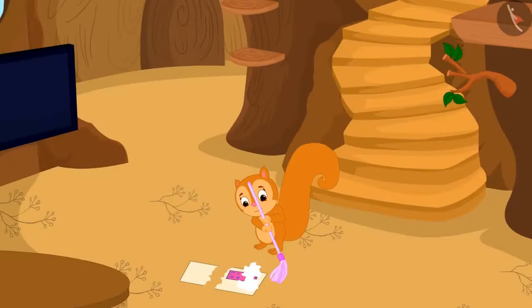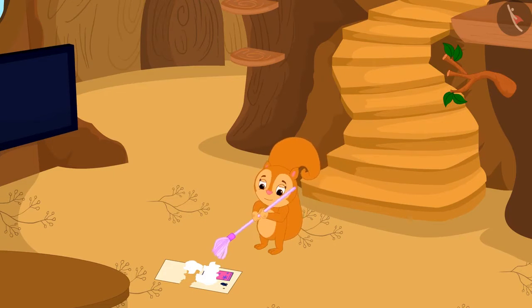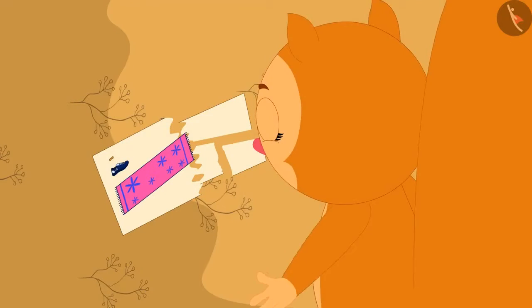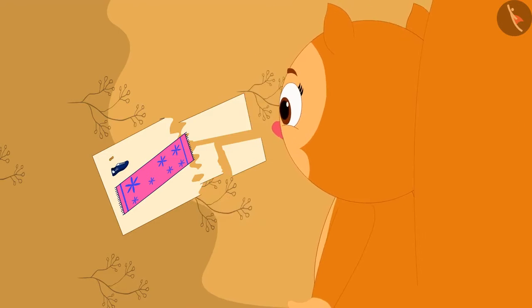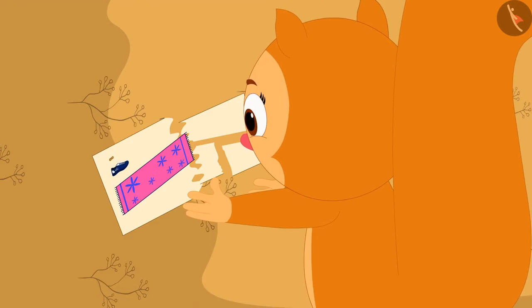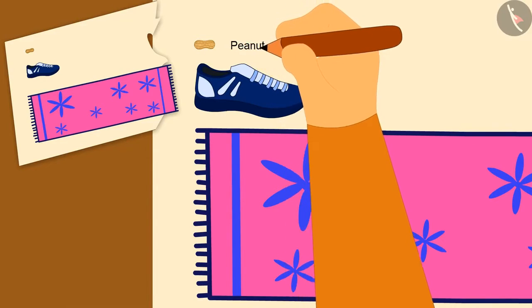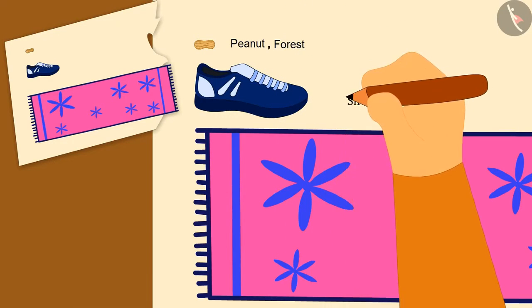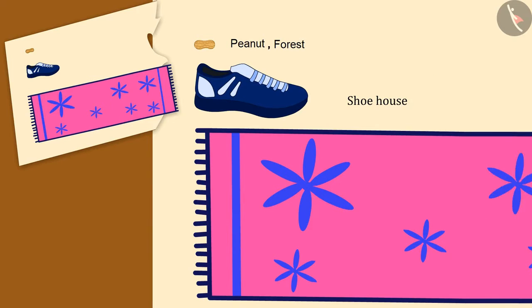Today, while Chanda was cleaning her house, the paper was accidentally torn. Now, Chanda is unable to understand which is the measure of what. Now Chanda quickly wrote the names of the objects and places that were written on that paper, on another paper like this.